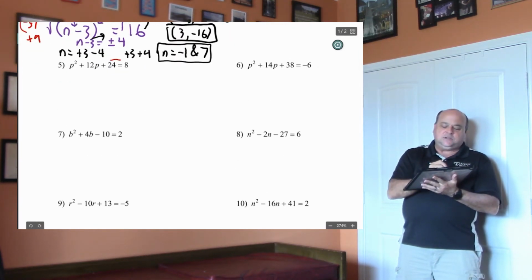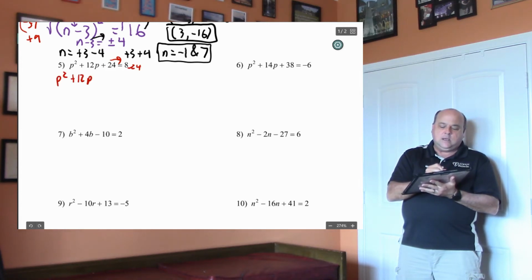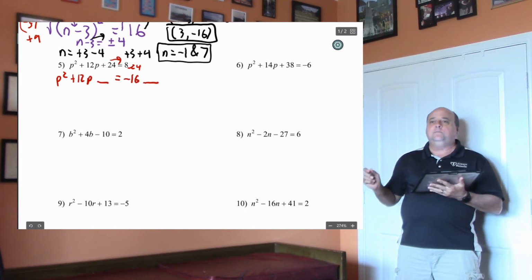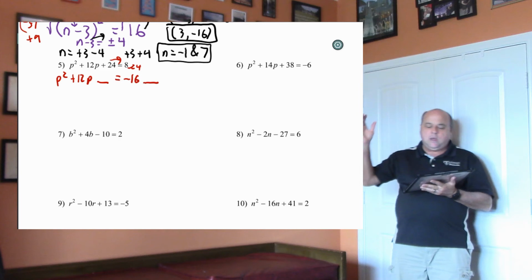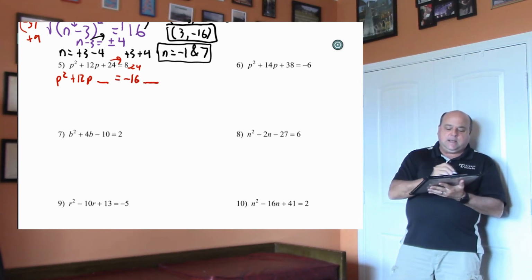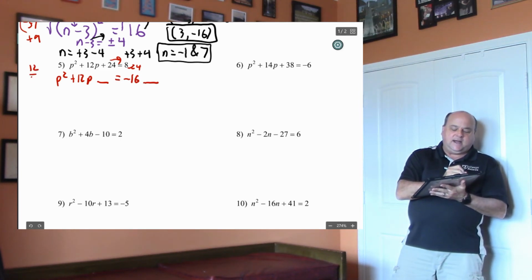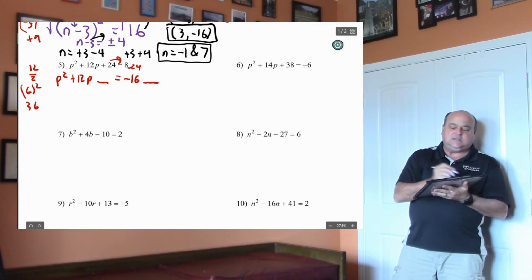Okay, the first step is to take that 24 and move it over. So I'm going to get p squared plus 12p, skip a spot, equals negative 16, skip a spot. Okay? Now then, the next step is to take the 12, divide it by 2, get 6, and square it. That's 36, isn't it?